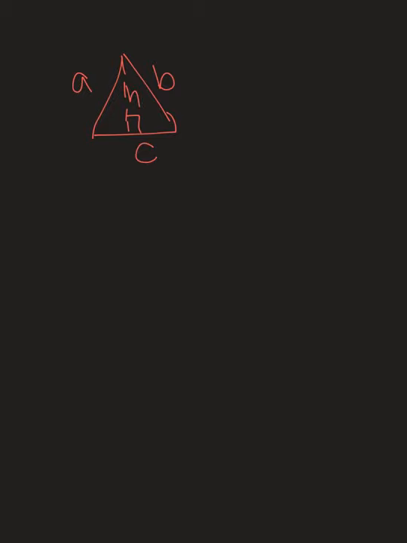If I have the perimeter, again, perimeter is the outside, so all you have to do is A plus B plus C. And area is 1/2 the base times the height. So just to bring out those pieces, the base here is wherever that perpendicular meets. So the height and the base is where that 90 degrees meets, and that's how you'll know what pieces are there. So let's take a look at an example.